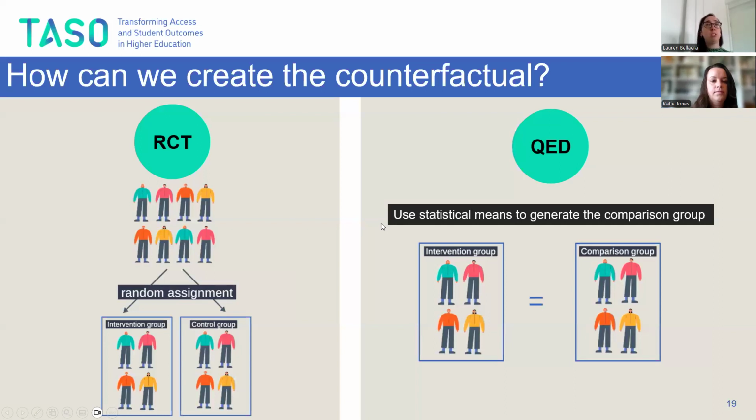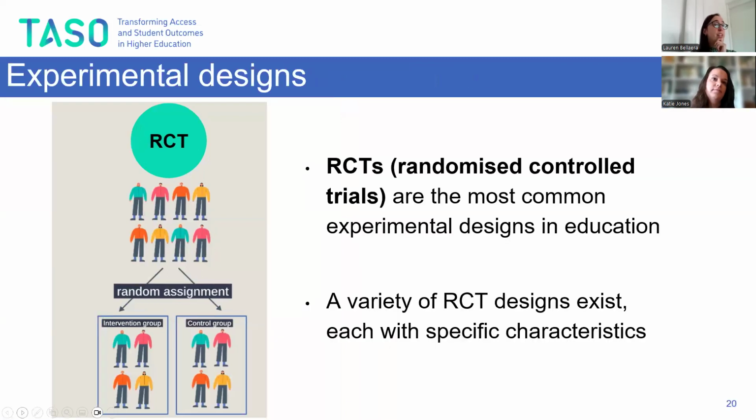With your QED, your quasi experimental design, you are using statistical methods to create your comparison group. To do this, you will need very big data sets in order to do the matching effectively.